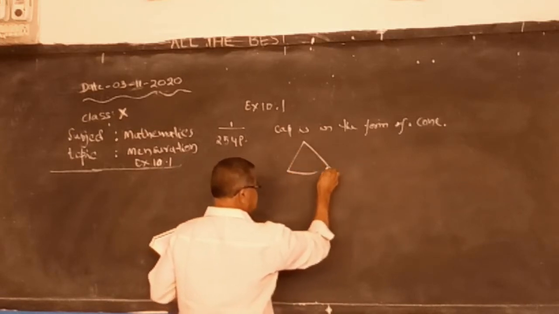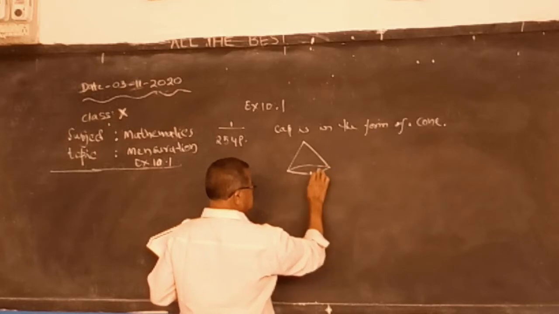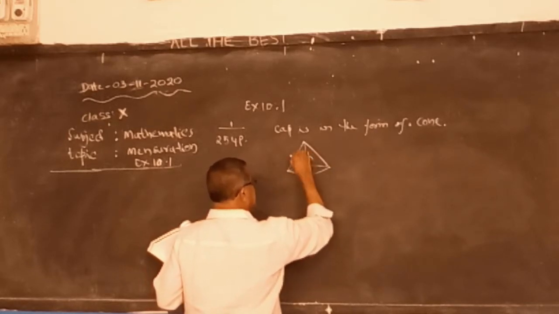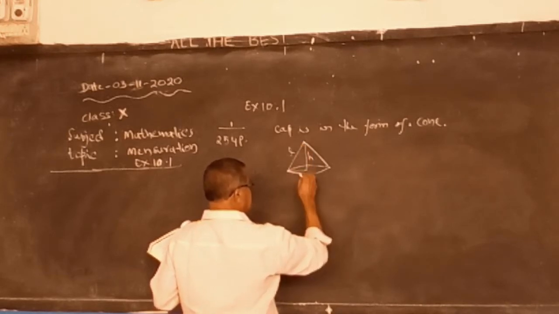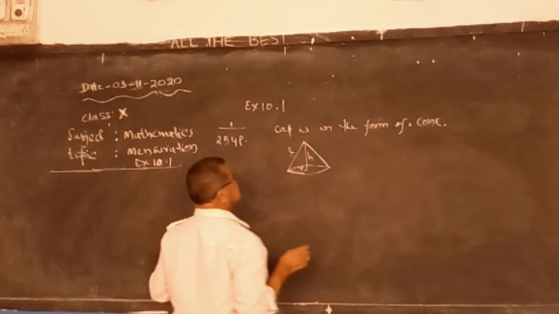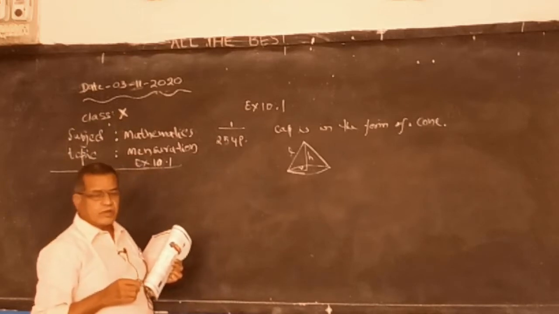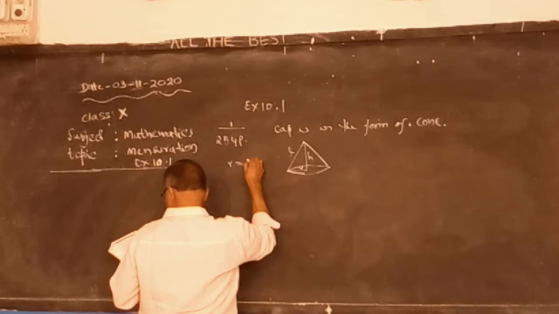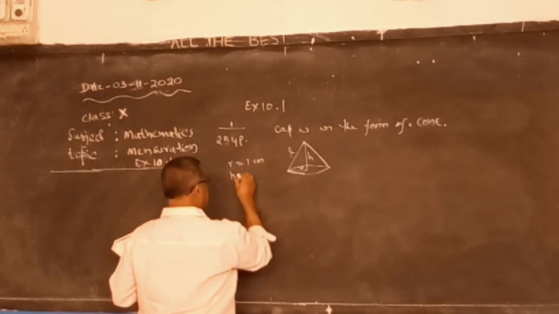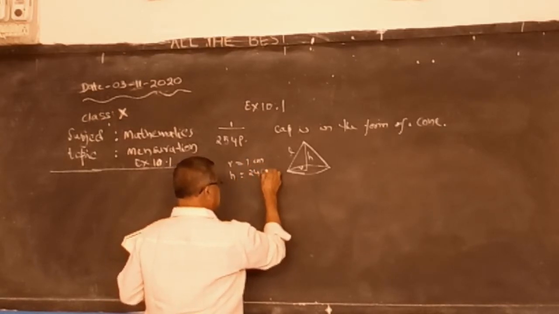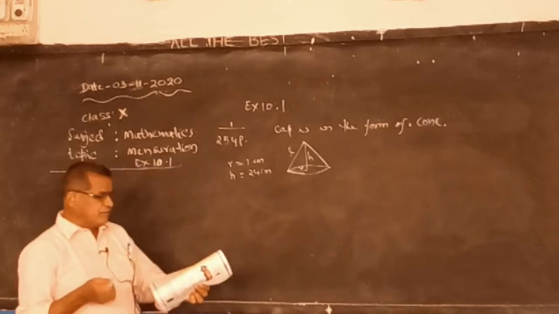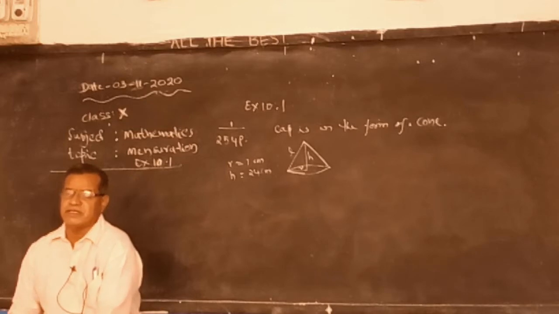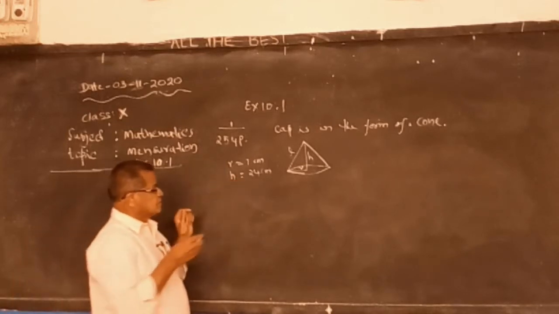This is the vertical height, this is the slant height l, and this is the radius. There are three measurements. Given r is equal to 7 centimeters, h is equal to 24 centimeters. Find the area of the sheet required to make 10 such caps.